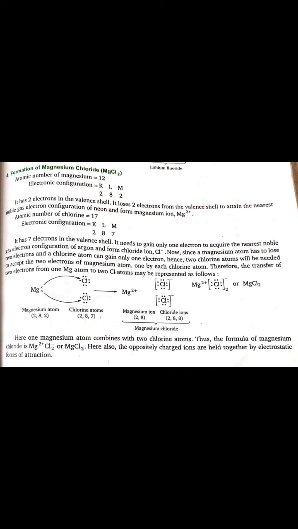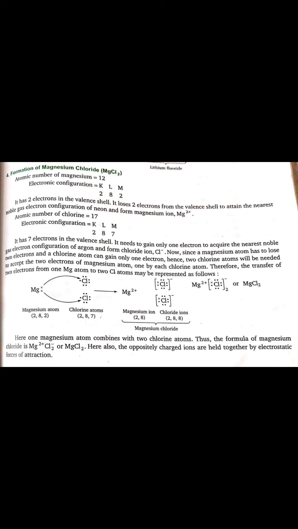In this chemical bonding, you can see magnesium has the configuration 2, 8, 2. This means in its last shell, only if it loses 2 electrons can it gain the stable configuration of 2 and 8. So magnesium is going to lose these 2 electrons to 2 chlorine atoms, one to one chlorine, another to another chlorine, because one chlorine's configuration is 2, 8, 7.